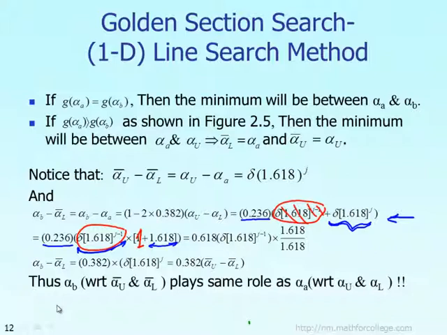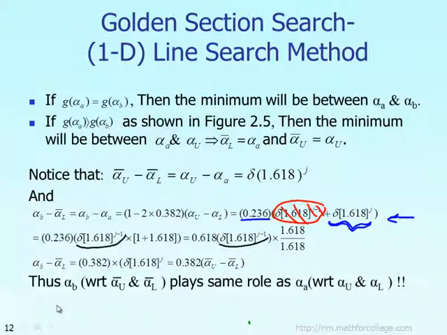Then the next thing I argue is this. Let me erase this thing. Next thing I argue is this. I say delta times 1.618 raised to the power j minus 1. That term is right there.